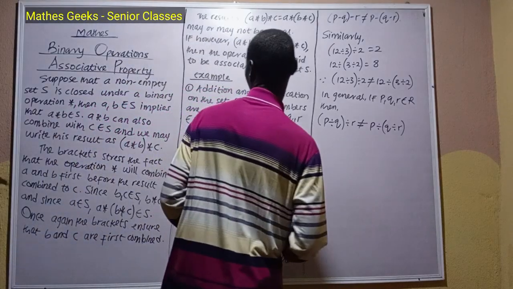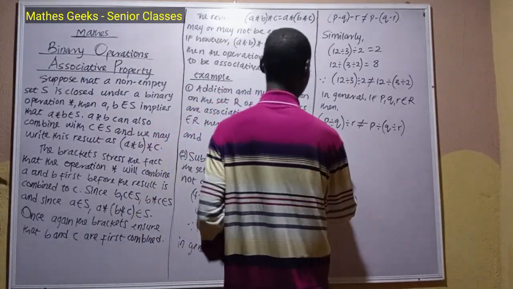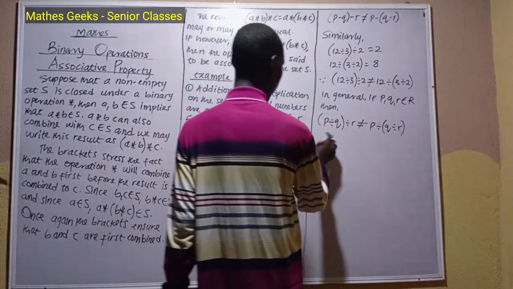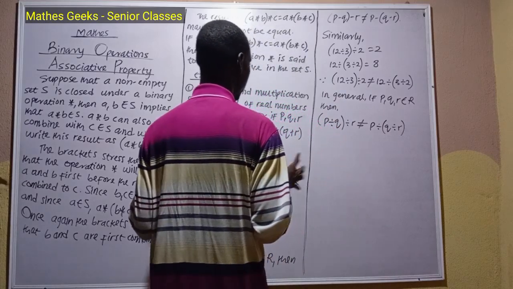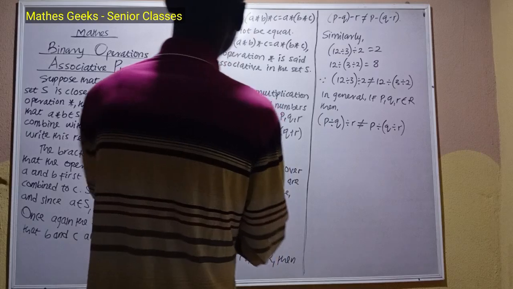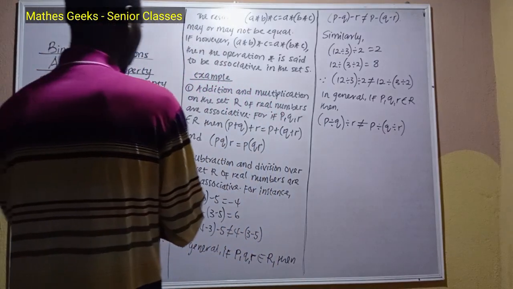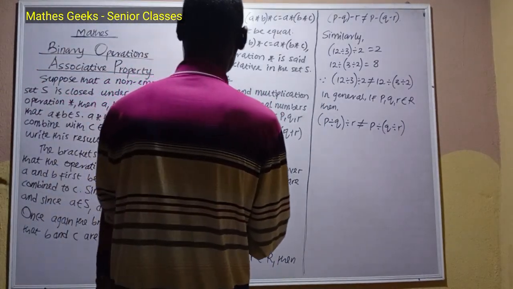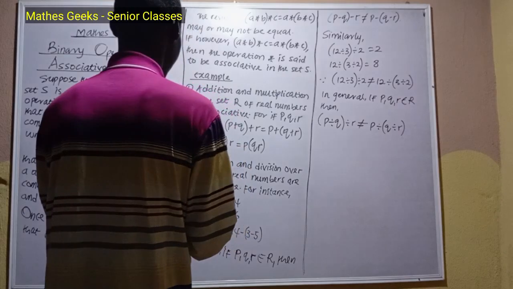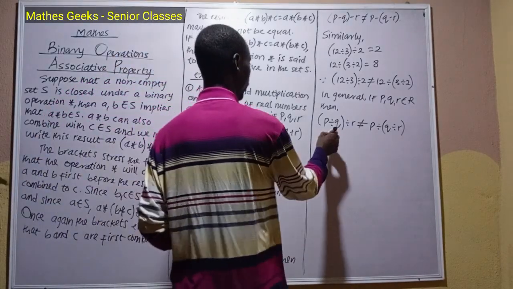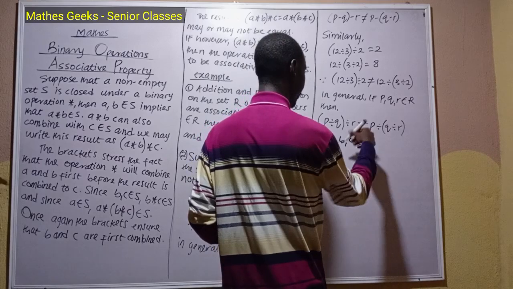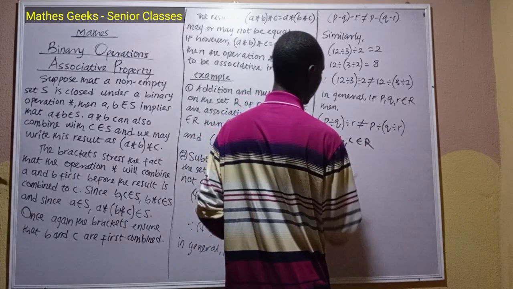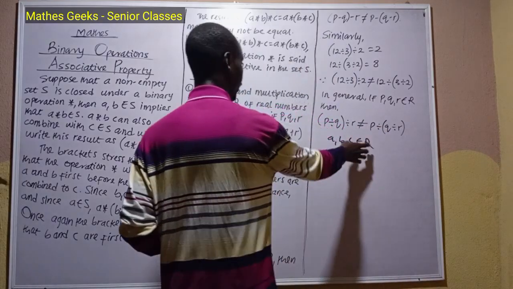So what this implies is that the associative property usually involves three elements under the same operation, like A, B, C, where A, B, and C are members of a particular set, or in this case, a set of real numbers.